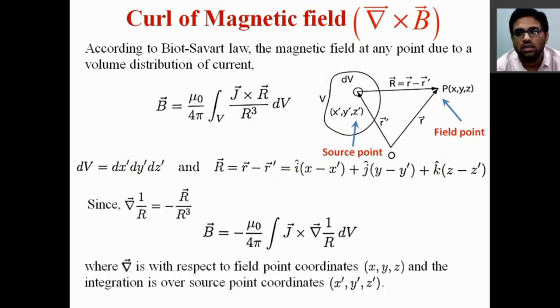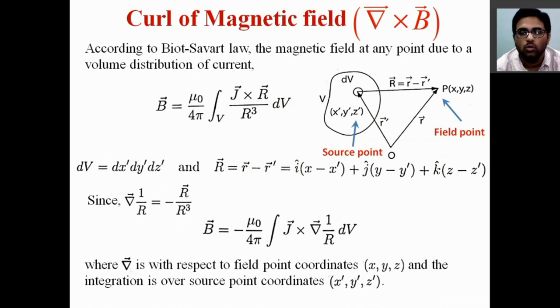Now since the gradient of 1 by R is actually minus of R vector by R cube, the magnetic field can be written like this. Here it is important to mention that the del operation is with respect to field point coordinates and the integration is over source point coordinates.